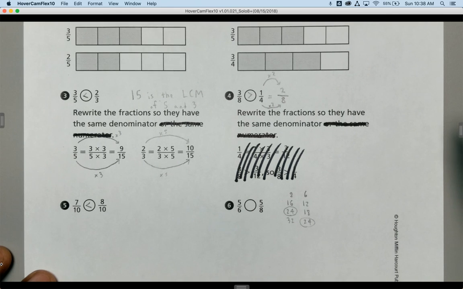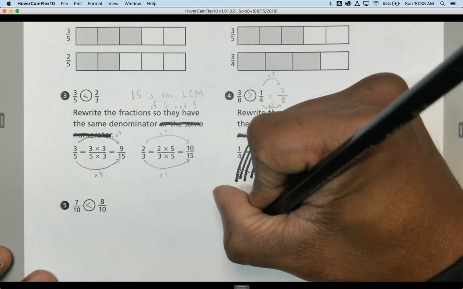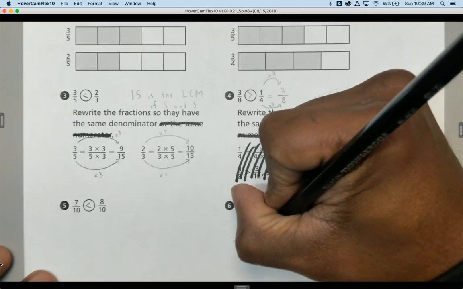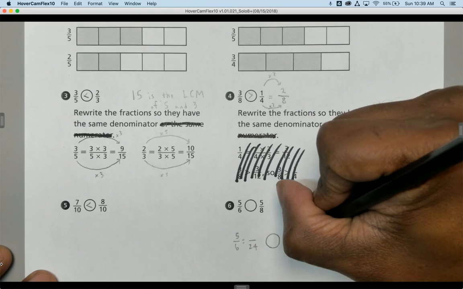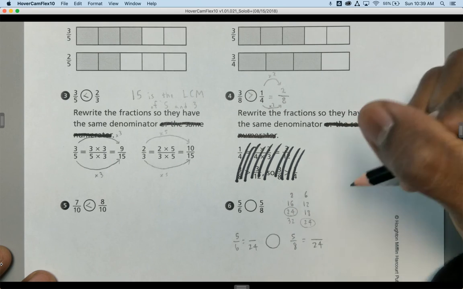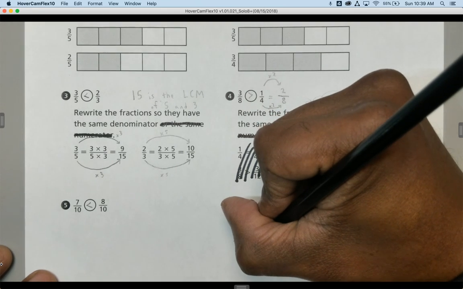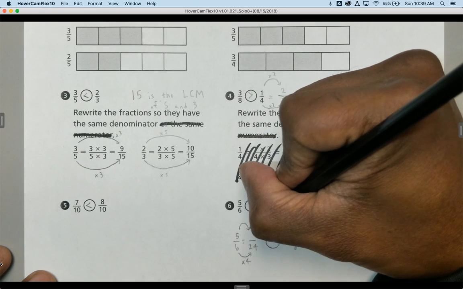Now, we'll simply rewrite 5/6 as something over 24. And we will rewrite 5/8 as something over 24. On the left side, what we do to the bottom, multiply by 4, we must also do to the top, multiply by 4.